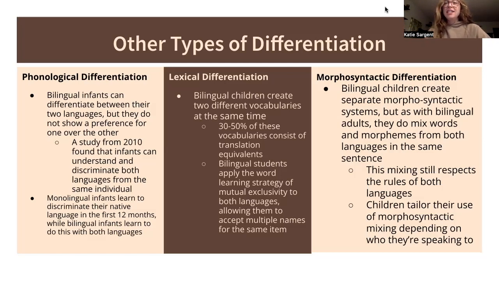In morphosyntactic differentiation, bilingual children create separate morphosyntactic systems. But as with bilingual adults, they do mix words and morphemes from both languages in the same sentence. This mixing still respects the rules of both languages, and children tailor their use of morphosyntactic mixing depending on who they're speaking to.